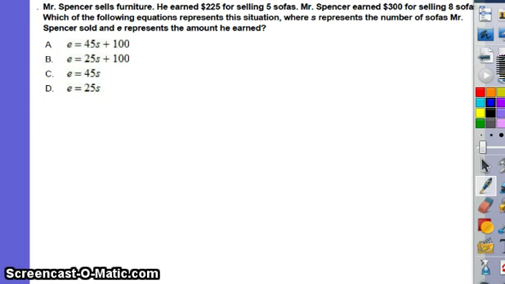Mr. Spencer sells furniture. He earned $225 for selling 5 sofas. Mr. Spencer earned $300 for selling 8 sofas. Which of the following equations represents this situation, where S represents the number of sofas Mr. Spencer sold and E represents the amount he earned? Okay.